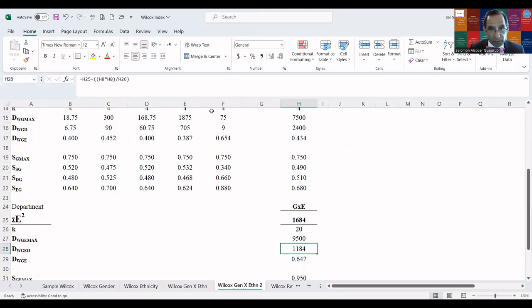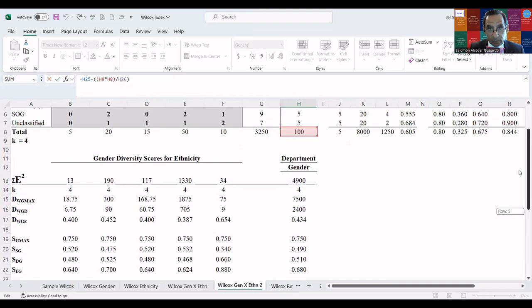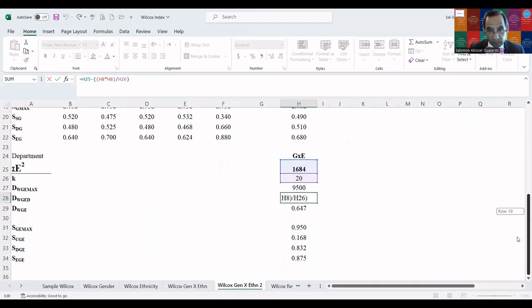Then to obtain the Wilcox dominant score, the concentration score, it's going to be little n squared, so that's the frequency, that's 1684.